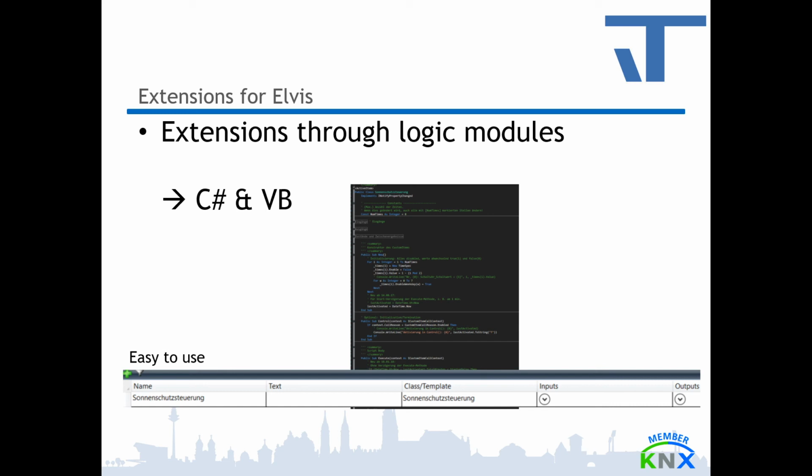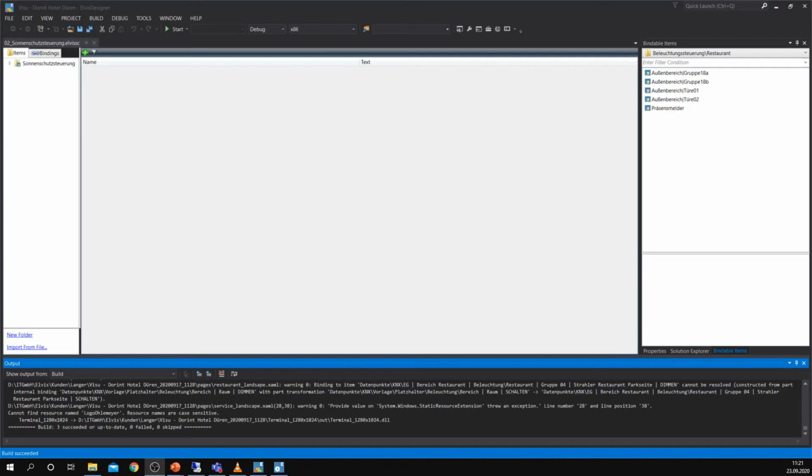To finish this up, I want to show you a project of a customer with a special logic for shading automation. Therefore, I have to switch back to Elvis. So the project you see now is already running.